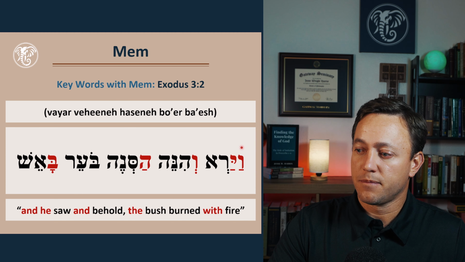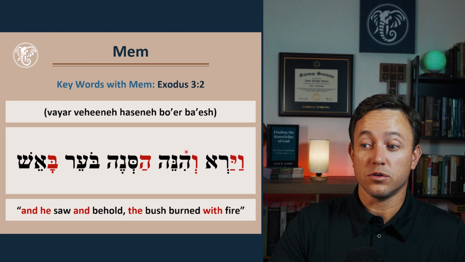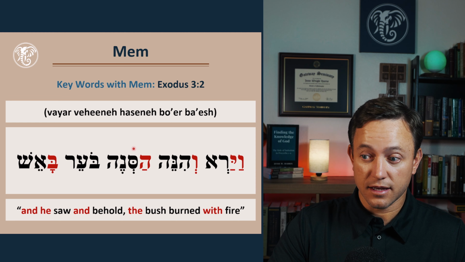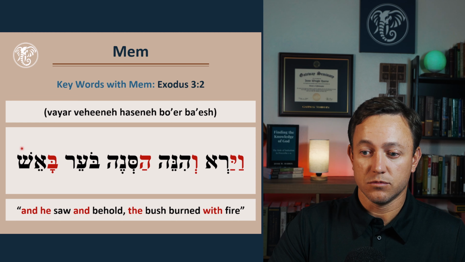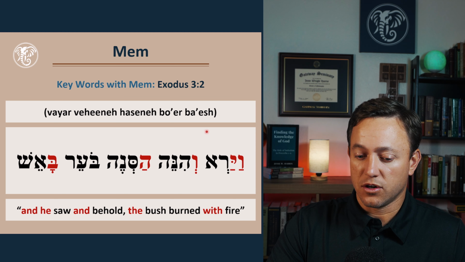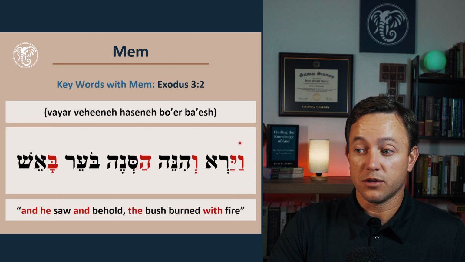So it says, Vayar, and he saw, so now it's talking about Moses, and he saw, or looked, Vechine, and behold, Chasane, the bush, Boer, was burning, Baesh, with fire. So, and he looked, and behold, the bush was burning with fire.